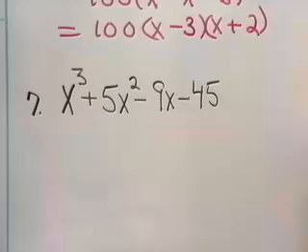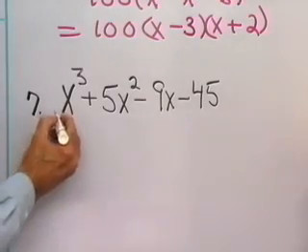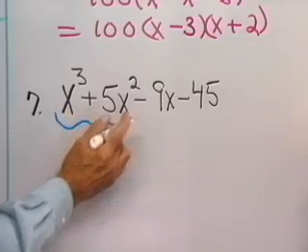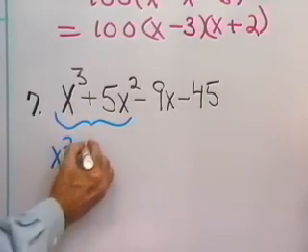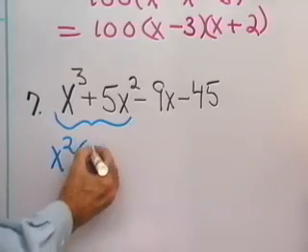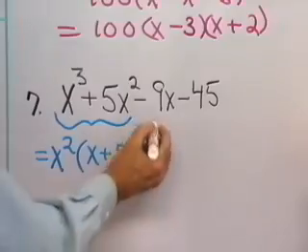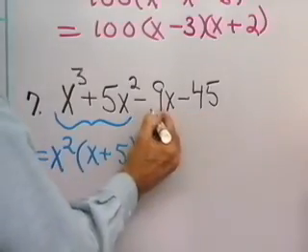One last problem. Here I have 4 terms, and I see no greatest common factor other than the number 1 for all the terms. So this is the situation where I want to try to factor by grouping. So I'll group these first two together, and I'll take out whatever greatest common factor they have, which is x squared. So I factor out x squared, and I get x squared times x plus 5. Put my equal sign in. Now here, these two terms, I want to put those together.